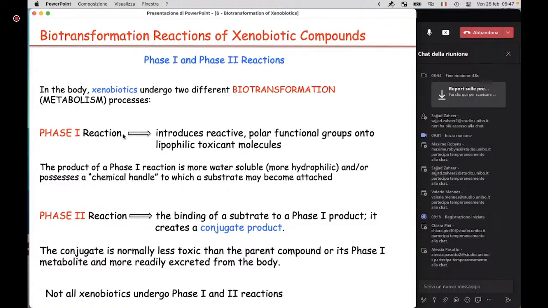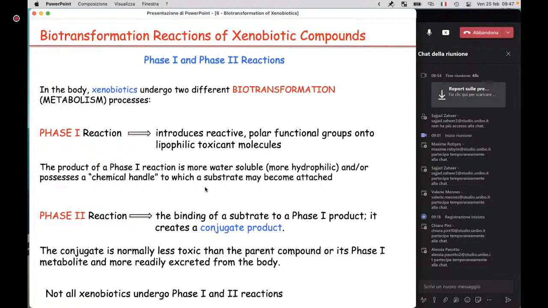In some cases, the original molecule, the original toxicant, is not suitable for phase 2 reactions. It's not reactive to phase 2 reactions. So the body carries out phase 1 reactions, changes the molecules in order for them to be suitably reactive to phase 2 reactions.